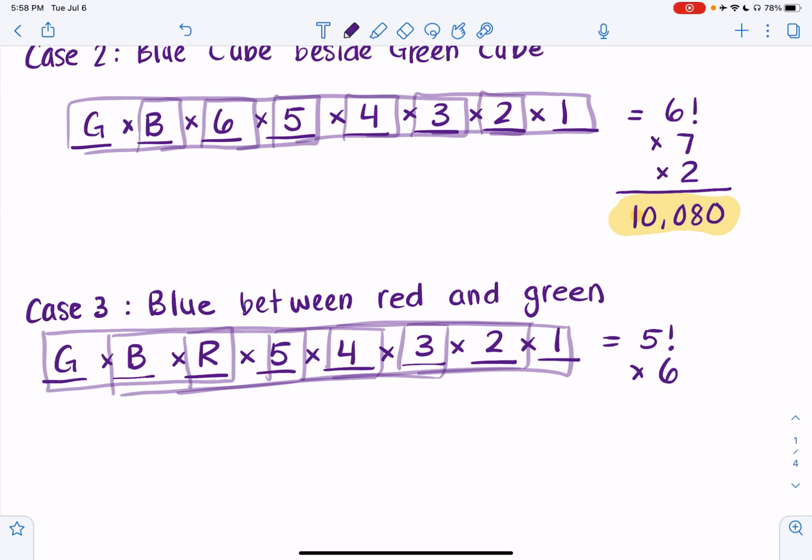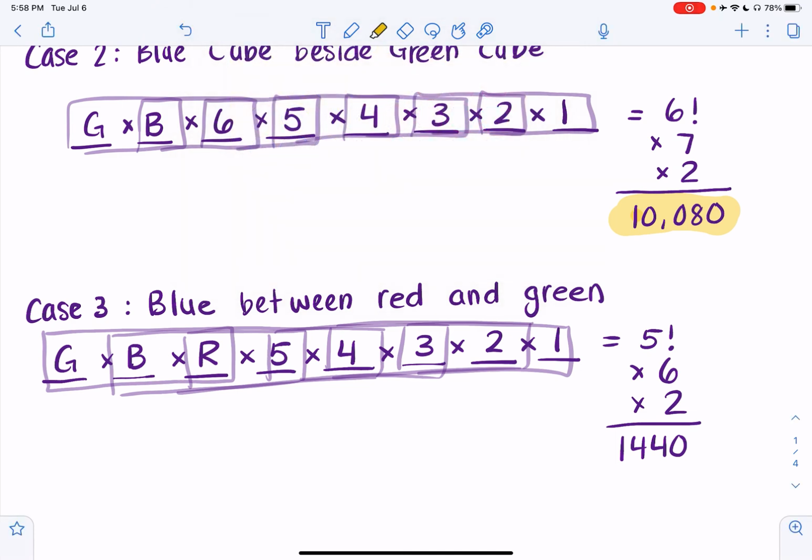Now, the other piece that we need to account for is the different orders that we could have. I could have green, blue, red, or red, blue, green. Because of this, I multiply by 2 to account for the order of the red and green swapped. And then I put all this in my calculator. So 5 factorial multiplied by 6 multiplied by 2 will give us 1,440.